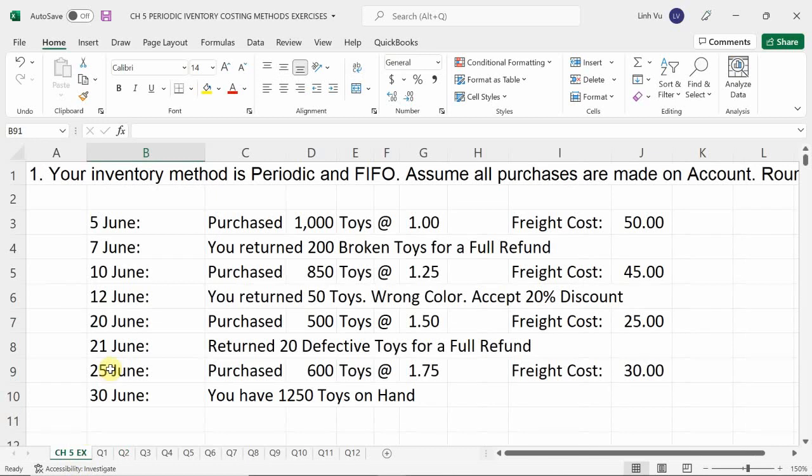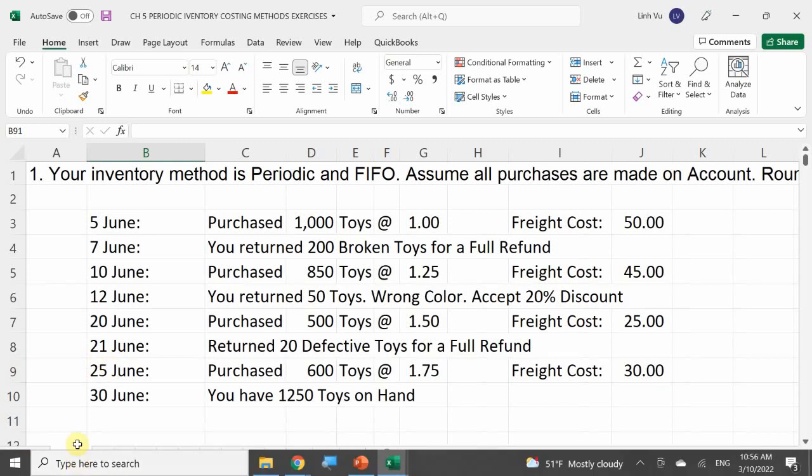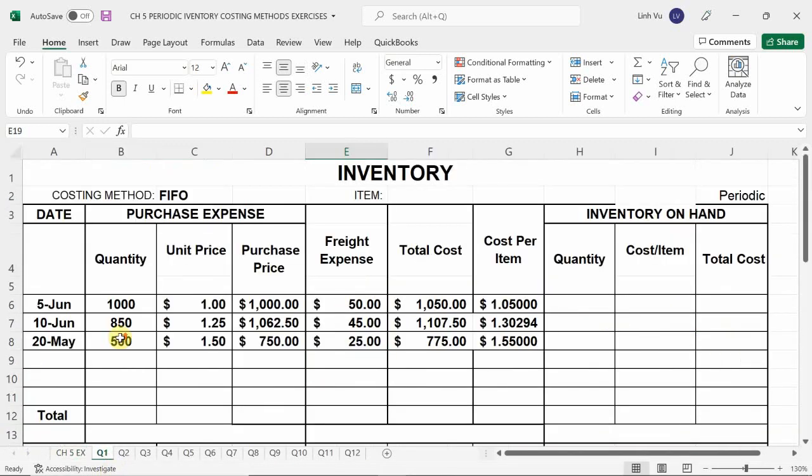Last but not least, on June 25th, we end up making our last purchase of 600 toys at $1.75 each with a freight of $30. So 600 at $1.75 and a freight of 30. Plug that in here.